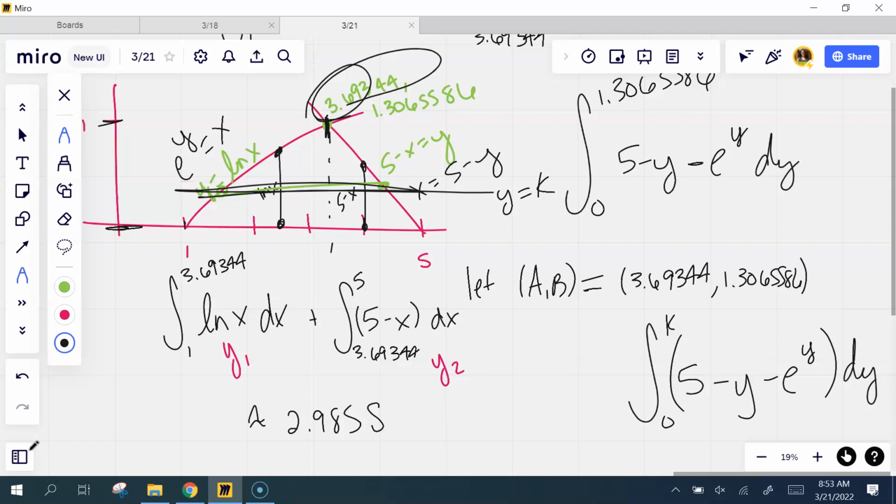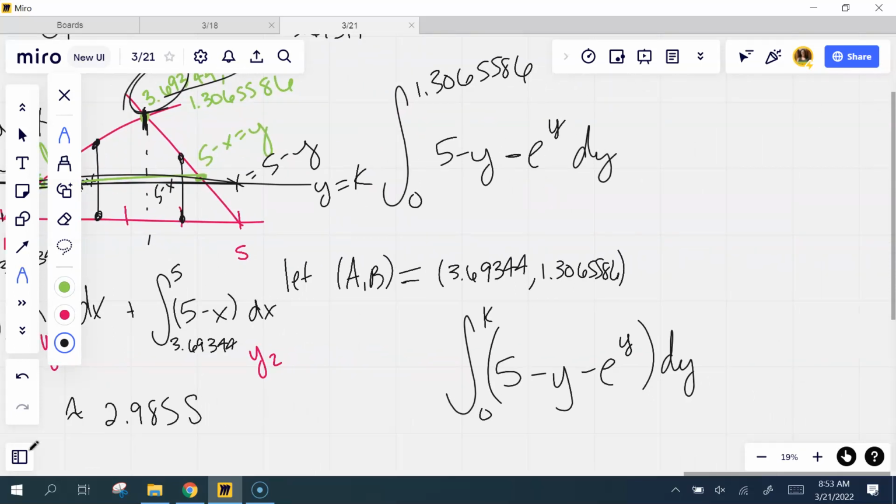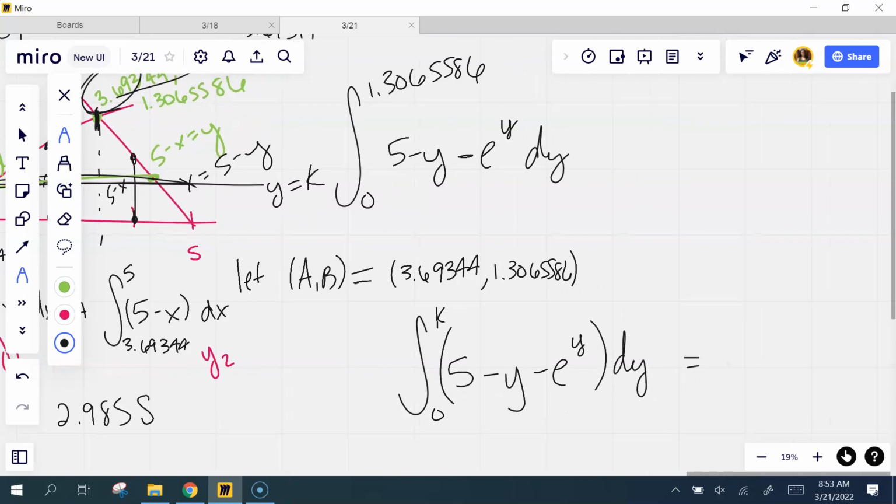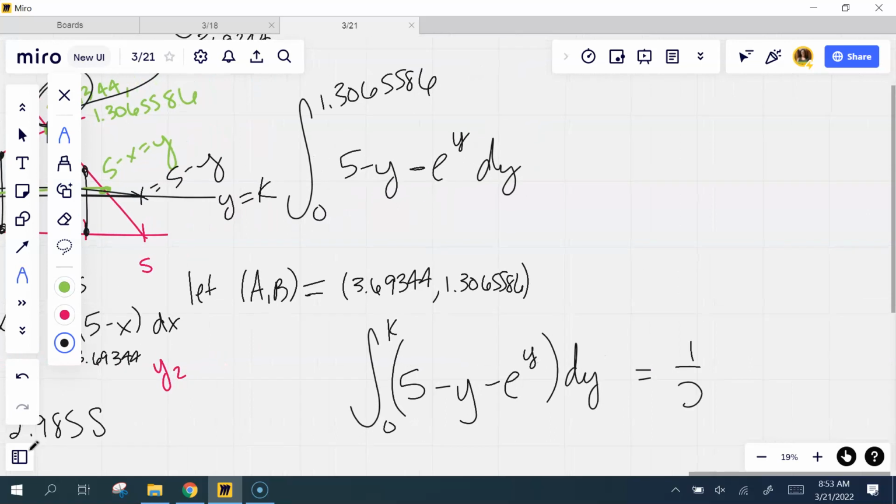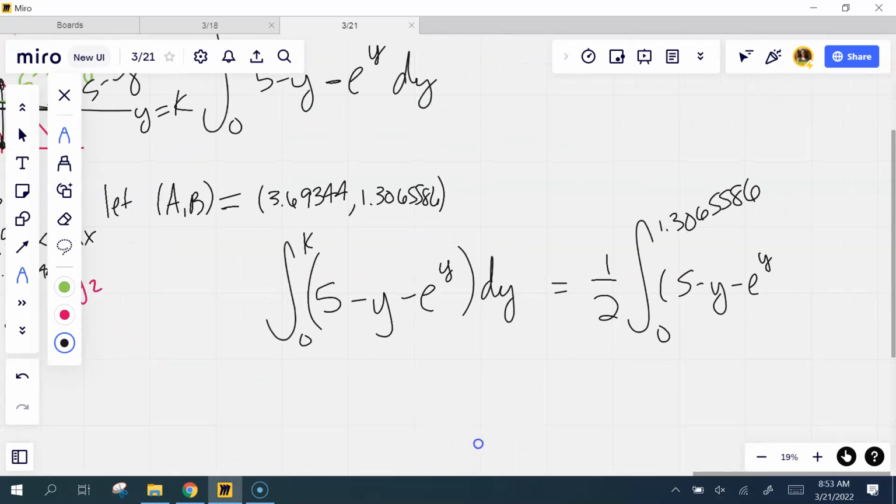Okay, so when I set this up, I said 0 to k, I said this equals, and then I did from k to 1.3065. But what they wanted you to do is say that it equals 1/2 of the area from 0 to 1.365586 of that same function. I still argue that my way would have been acceptable, but I'll give you the way they did it.